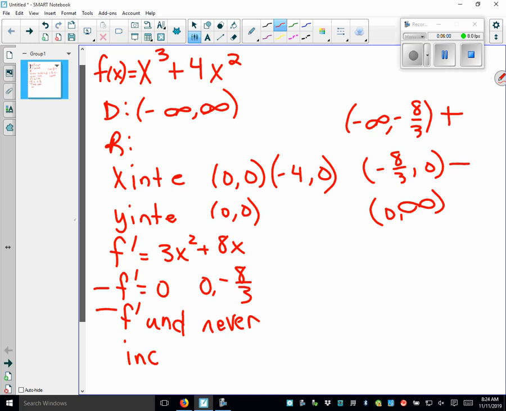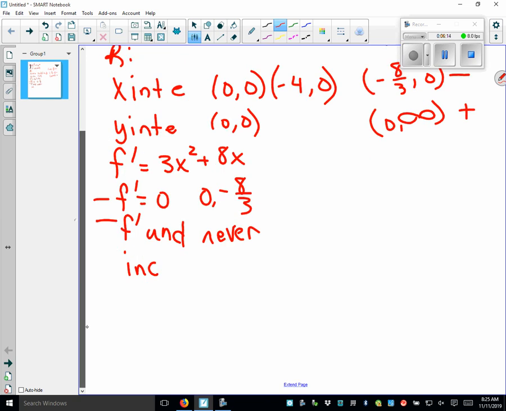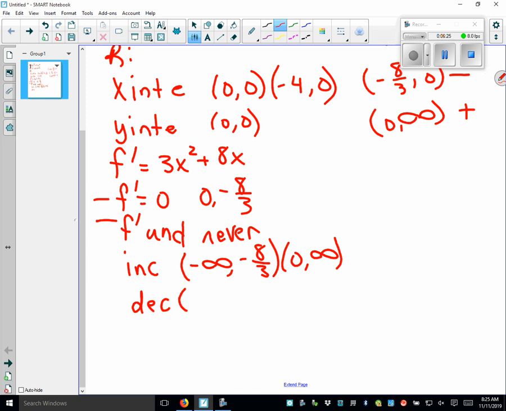It doesn't have to be the same as the other; you better check it. So where am I increasing? 0 to infinity is increasing. Where am I decreasing? Negative 8/3 to 0.